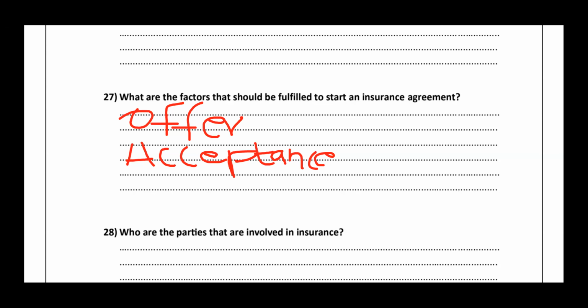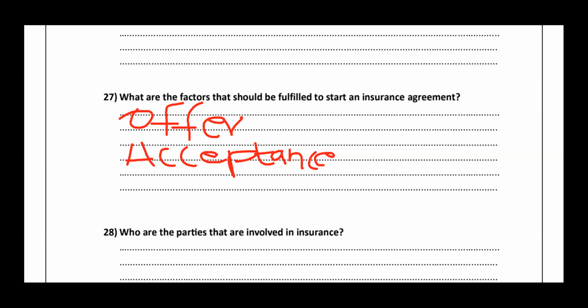If the proposal is acceptable, if the risk is insurable, then only they will accept that offer. Who? The insurance company. And also the insurance company should be sure that he has the capacity to continue the policy. He has the financial capacity, something like that. Then only acceptance takes place.